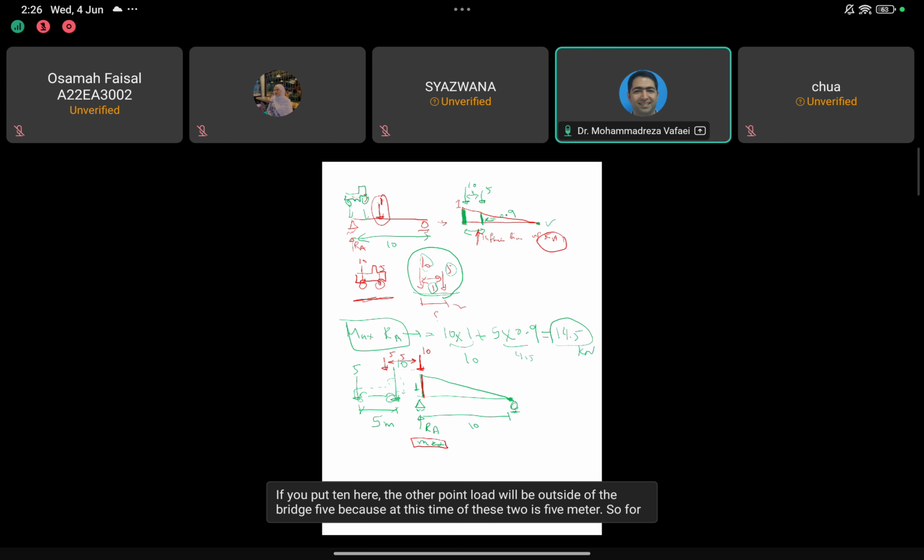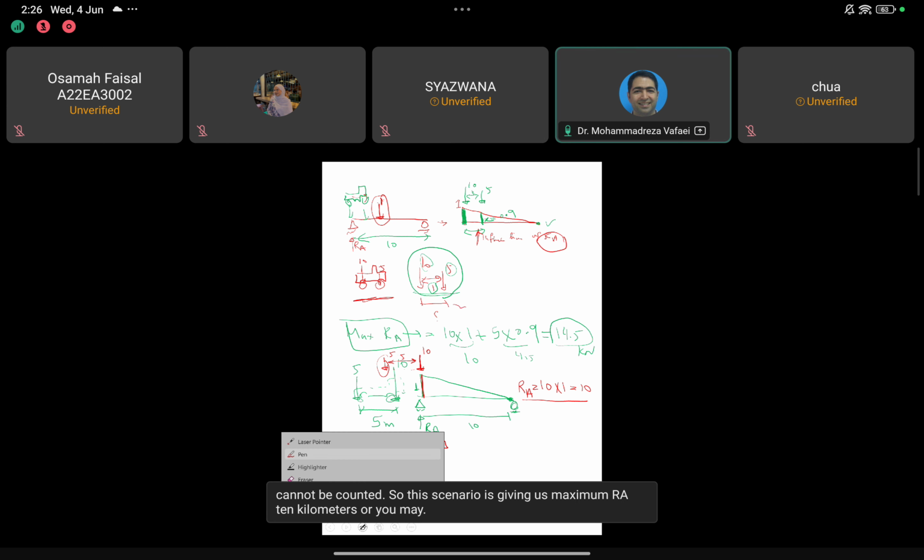So for this case, RA is the intensity of load multiplied by the height of the influence line under the load. So it becomes 10. Since this one is not on the bridge, it cannot be counted. So this scenario is giving us maximum RA 10 kilonewton.